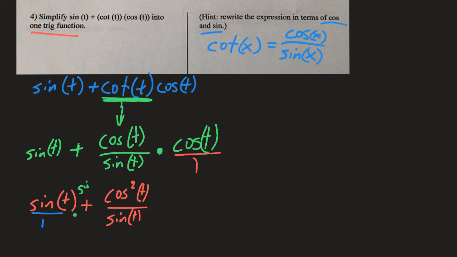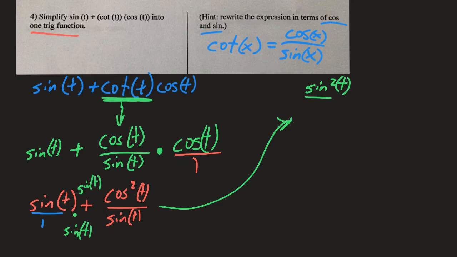So sine t on top and sine t on bottom. So now that I've done that, I'll bring this up over here, and we've got sine squared of t over sine t plus cosine squared t over sine t.